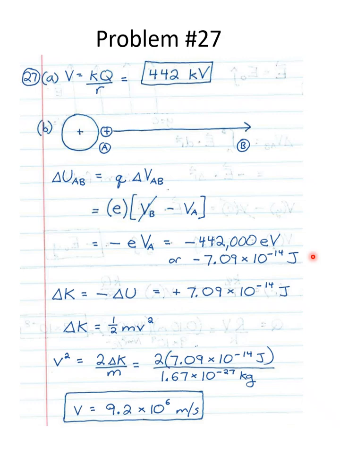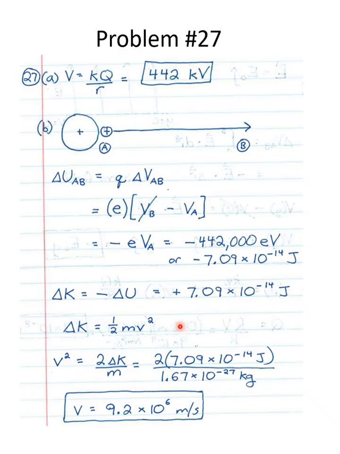Let's now relate that to change in kinetic energy. So we're using conservation of energy here. The change in kinetic energy is the opposite of the change in potential energy. So if it lost 7.09 times 10 to the negative 14 joules of potential energy, it gained that much in kinetic energy. It started at rest, so we can say the change in kinetic energy is 1/2 mv squared.